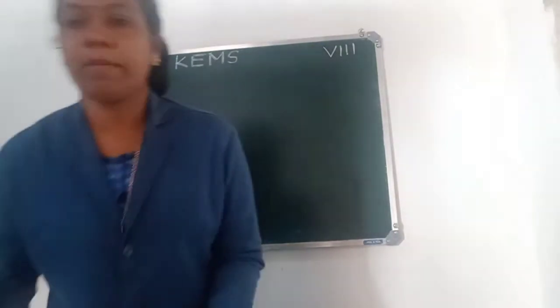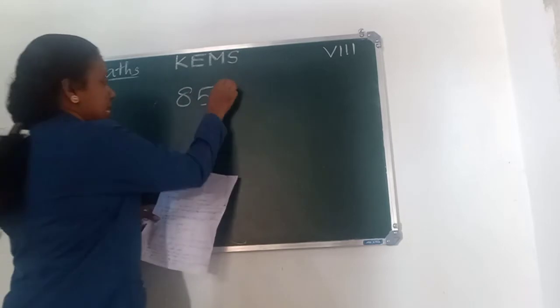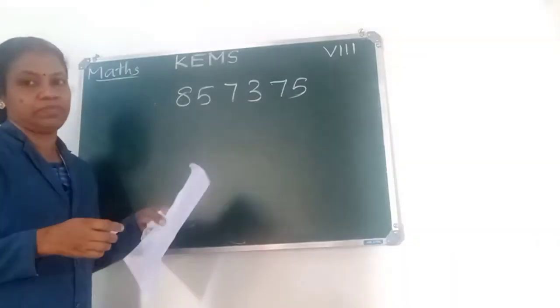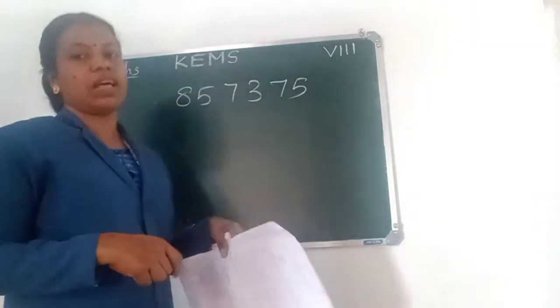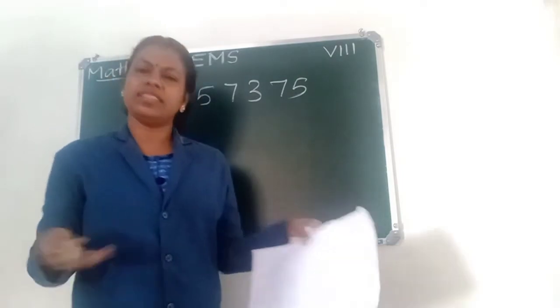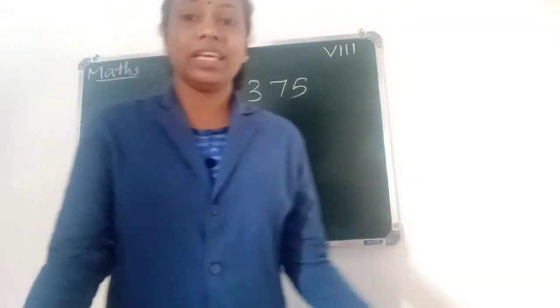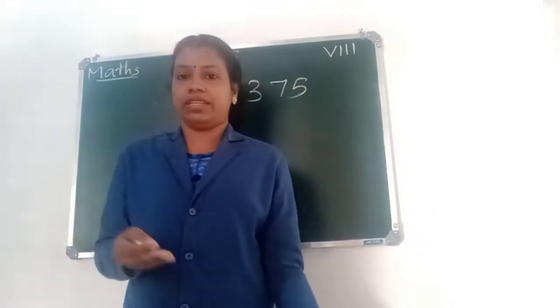Here is a number, 857375. A long number. Find the cube root of this number using the estimation method. Very simple, just estimate.